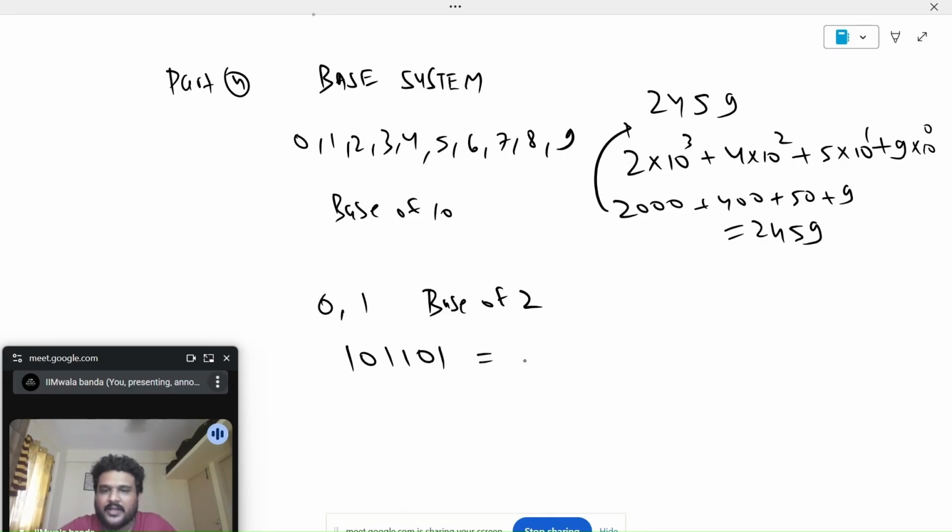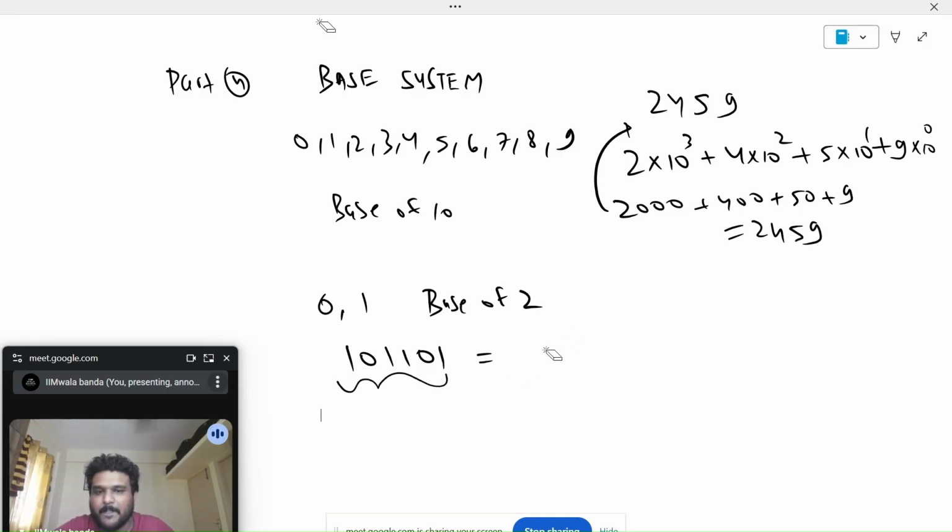Now, similarly, if there is a number, let's say 101101, if we have to look at it this way, it becomes 1 into 2 to the power 0, 1, 2, 3, 4, 5. So basically, if I have to convert any number into base 2, this is the process of converting that number, and the process gives me this number.